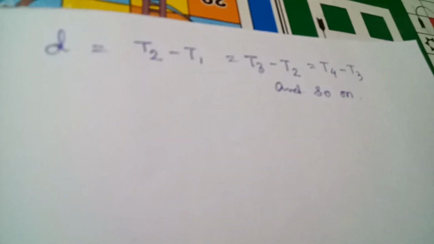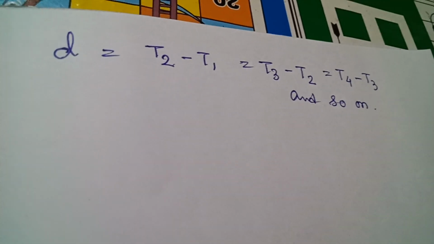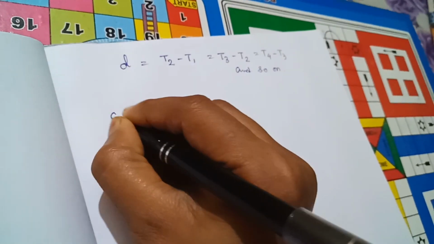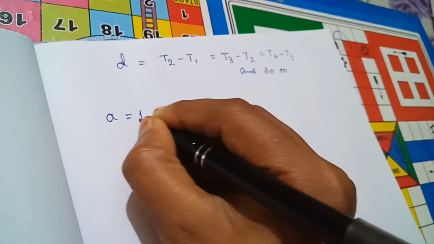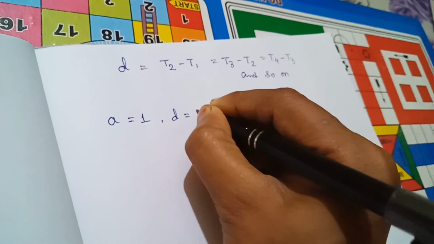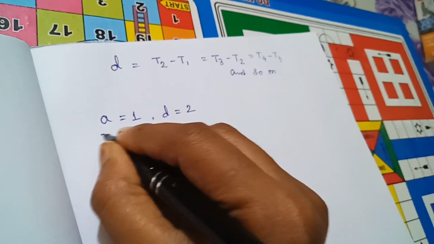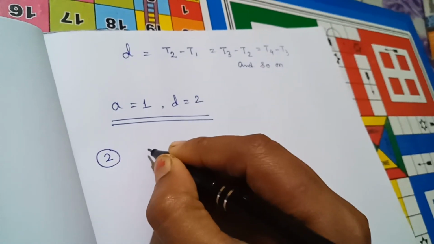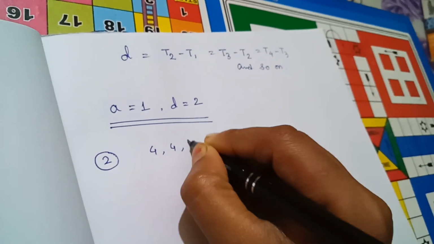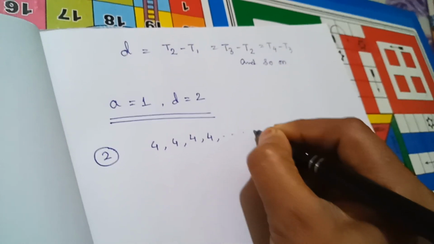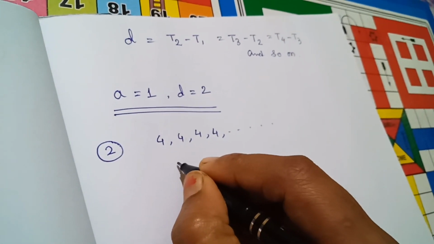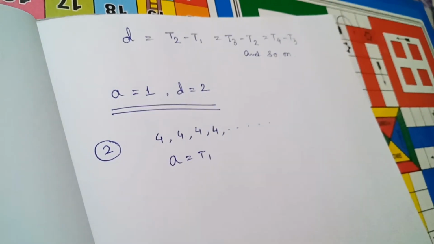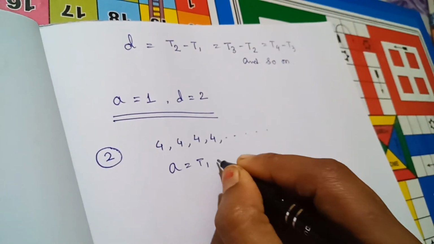Okay. So A equals 1 we have got, and D equals 2 we have got for the number 1 example. Number 2, we have got 4, 4, 4, 4, dot dot dot. So tell me what will be T1? Means A. So A equals T1 equals 4.